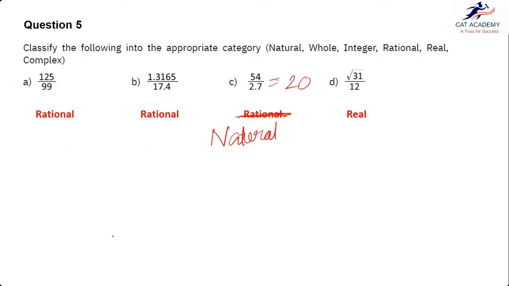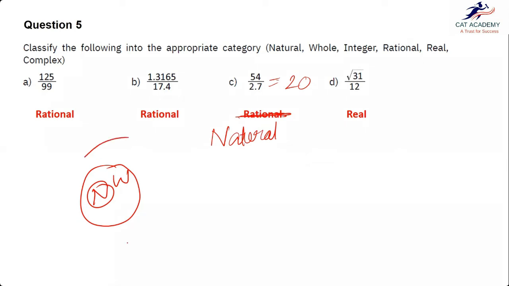Natural can also be called as integer? Yes, okay, that's a good point, Rahul. See, natural numbers contain what? 1, 2, 3, 4, 5. Whole numbers contain what? 0 and 1, 2, 3, 4, 5. So if I say this is my set of natural numbers, then whole numbers include everything that is a natural, and additionally it includes a 0.